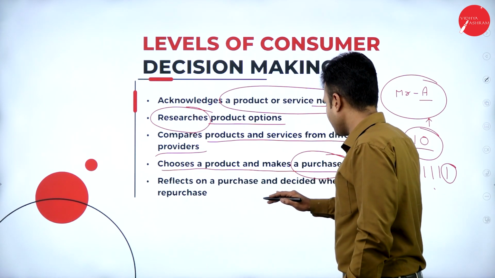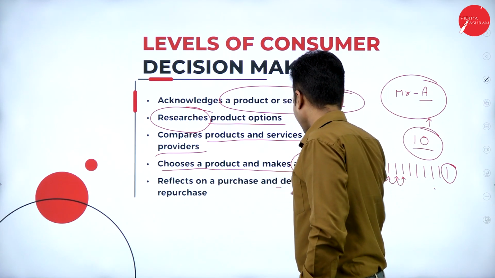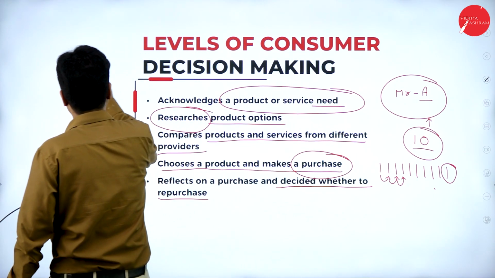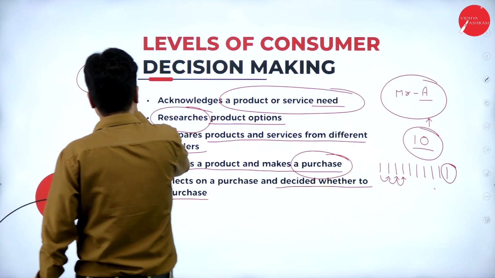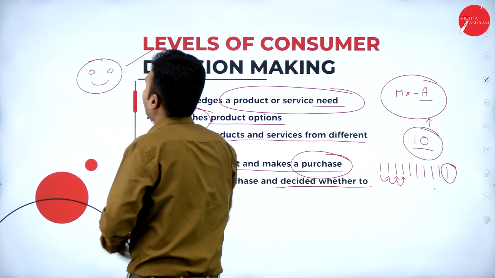Reflect on the purchase and decide whether to repurchase, right? If a customer gets satisfied with the product, he is going to repurchase the product. He keeps on purchasing again and again.